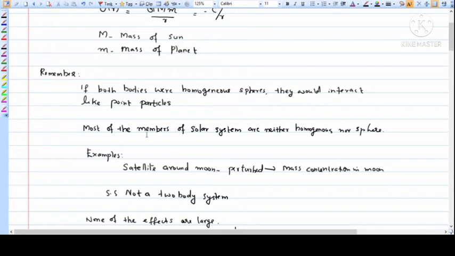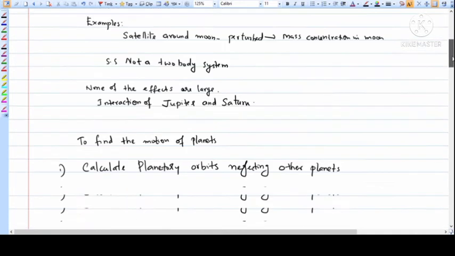But most of the members of the solar system are neither perfectly homogeneous nor perfect spheres. The actual case is that most of the members in the solar system are not homogeneous spheres. We can have some examples.